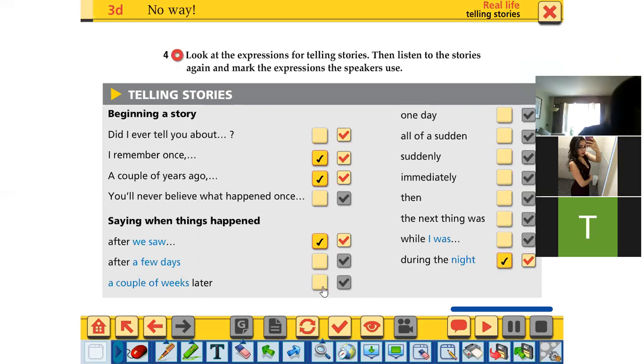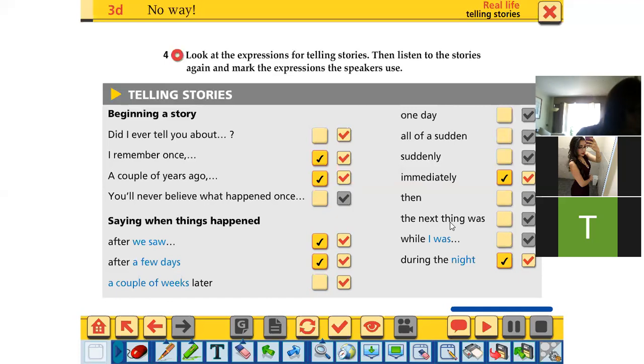Is there another? They used 8 of these linguistic functions. Do you remember? A couple of weeks later, I think it's correct. Yes, you're right. And also this one, after a few days. Immediately. Yeah, immediately. Correct.